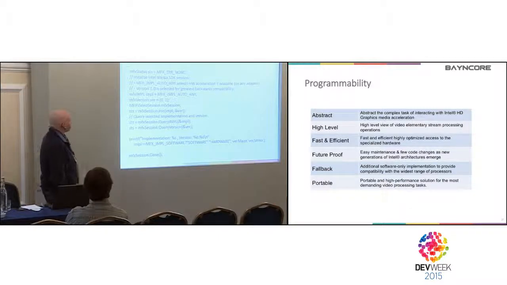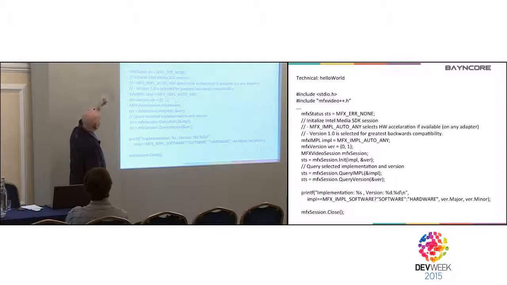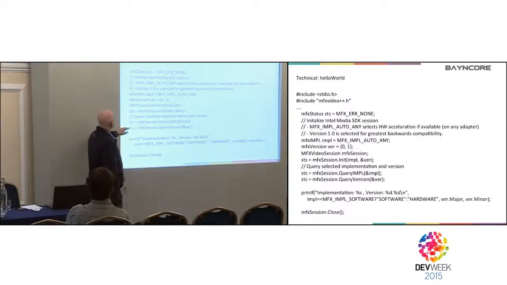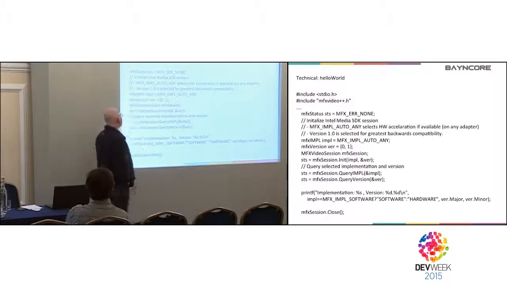I've just thrown this one in as an idea of what to expect. The important things in terms of libraries: you've obviously got to include a header, mfxvideo++.h. From that, the next thing you really need to do is instantiate an object.